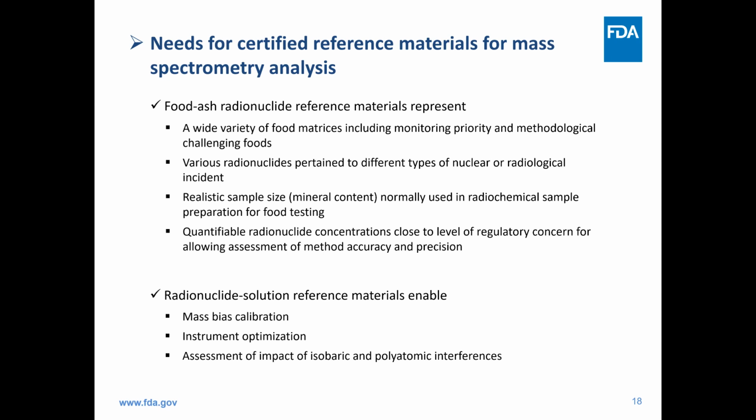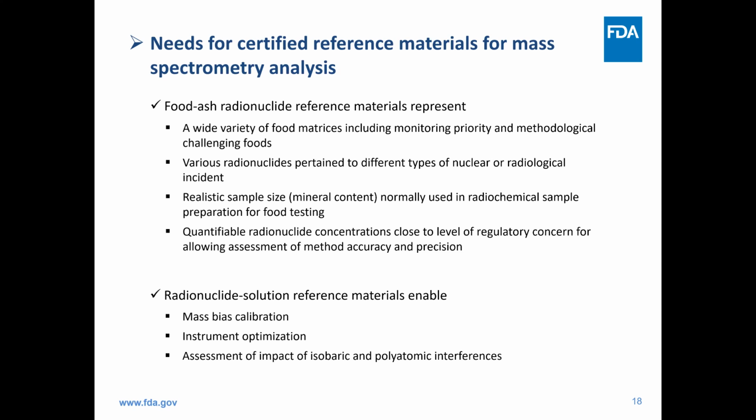But for method validation we cannot use it, because there are no quantifiable numbers to give us some kind of assessment. We can only say, yeah, we see it, or we don't see it. For quantification, it's not really useful.